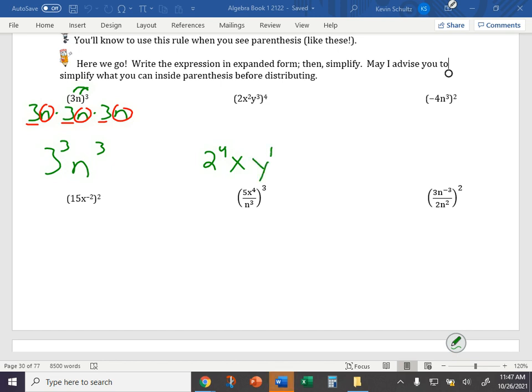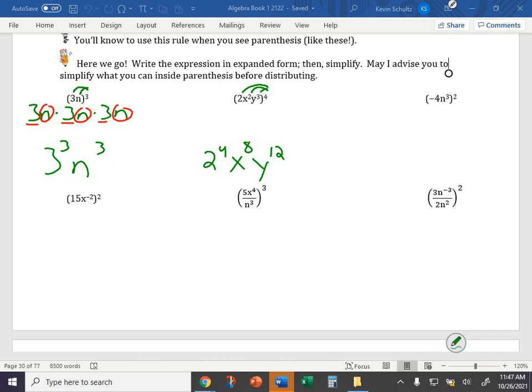I like what you said about y to the 12th, but for that x there, when we distribute 2 times 4, would give us x to the 8th. Okay, that x does have a power of 2 on it, so 2 times 4 would be 8. But you're absolutely right otherwise. That coefficient of 2 is going to take on that power of 4, 2 to the 4th, and that y base already having a power of 3, we're going to multiply 3 times 4, 12.